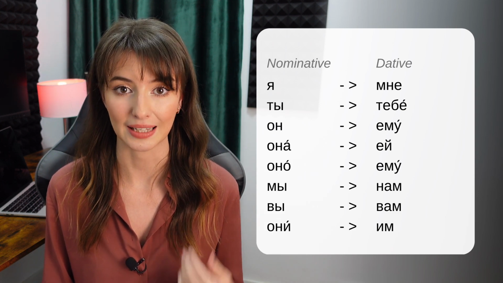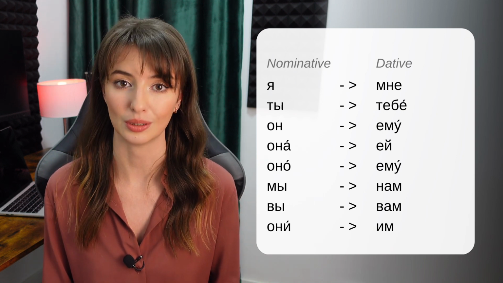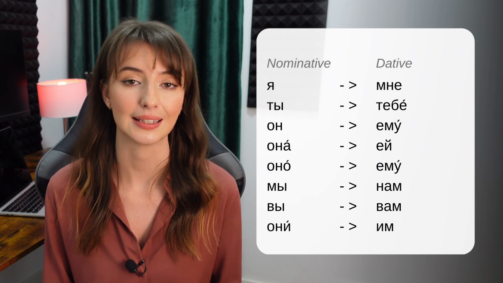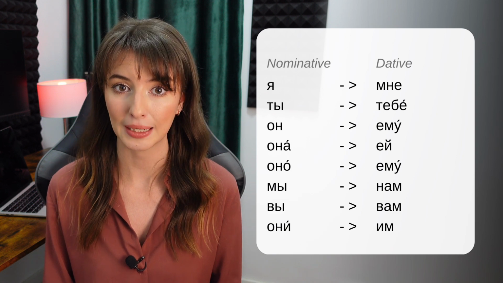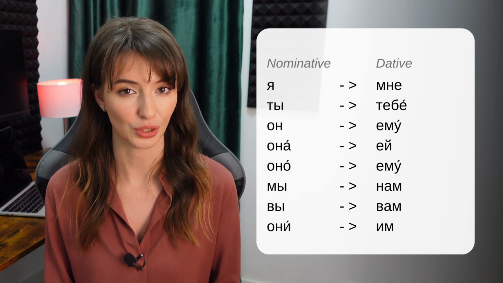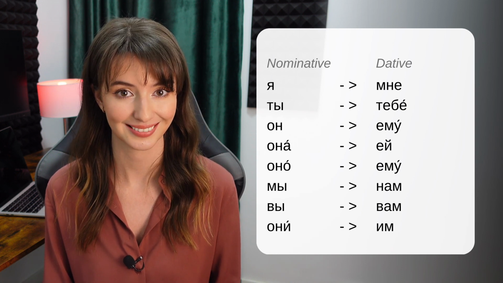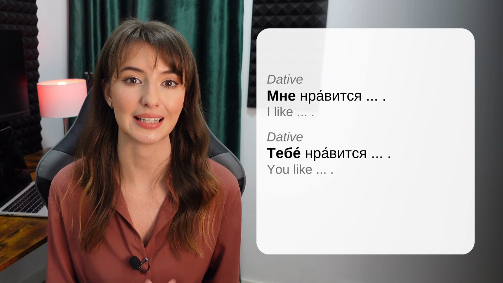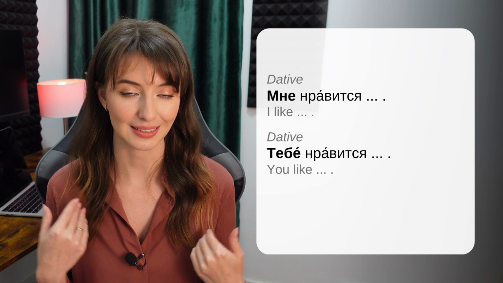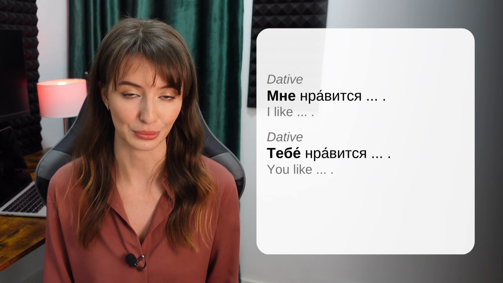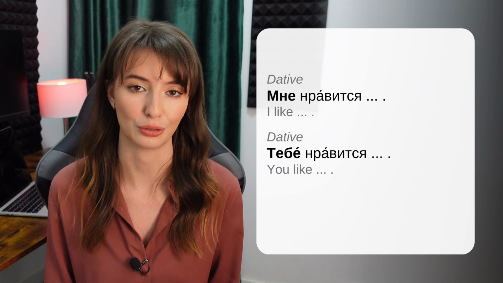Я, мне, ты, тебе, он, ему, она, ей, оно, ему, мы, нам, вы, вам, они, им. We also use the dative case pronouns with the word нравится. Мне нравится, тебе нравится, and so on. This is just a small reminder if, like me, you enjoy structuring knowledge.